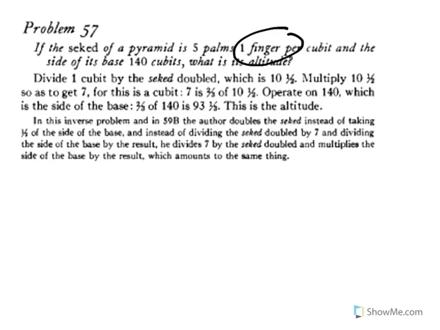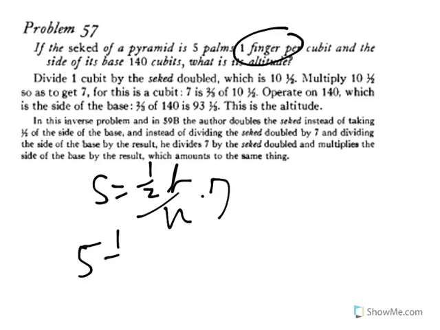And the side is 140. So we can use this formula, second equals 1/2 base over height times 7. A palm would have 4 fingers in there, and I think a finger is 1/4. So they're telling us the second is 5 and 1/4.